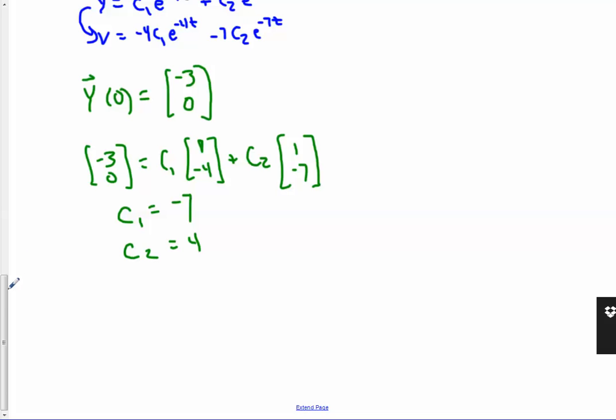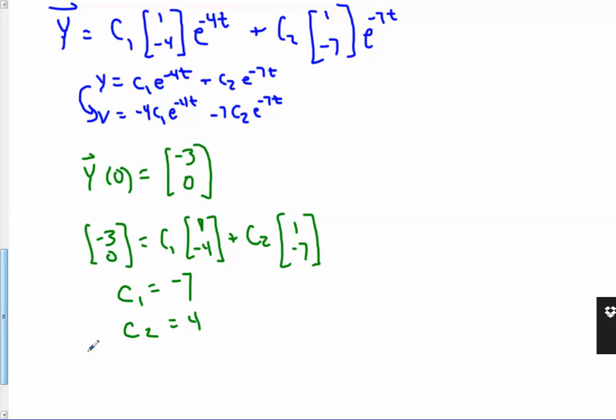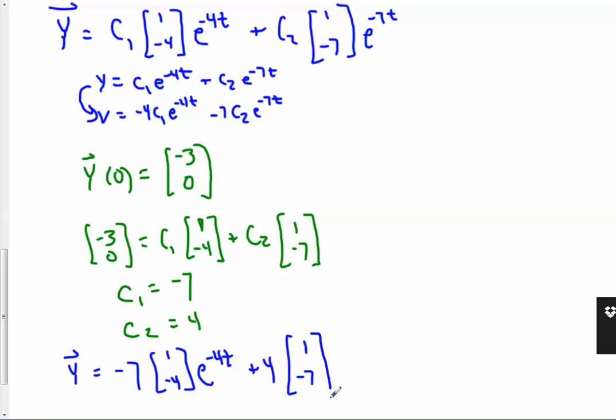All right, giving us a final solution of y equals negative 7, vector 1, negative 4, e to the minus 4t, plus 4, 1, negative 7, e to the minus 7t. And that's our answer. And again, the top is going to be the position, that's going to be y. So little y will be negative 7 e to the minus 4t plus 4 e to the minus 7t.